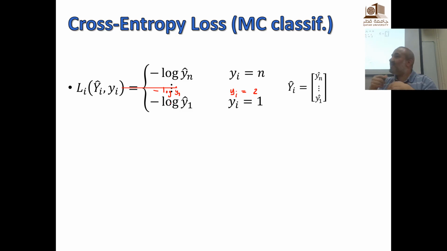Logically. And this is the best we can do, that we predicted the true class with the highest possible probability, which is 1. In this case, it will be minus log 1, which is 0. But if the probability is not 1, then there is some loss. And the loss will not be 0 in that case, even if it is the highest probability. Okay, did I answer your question?